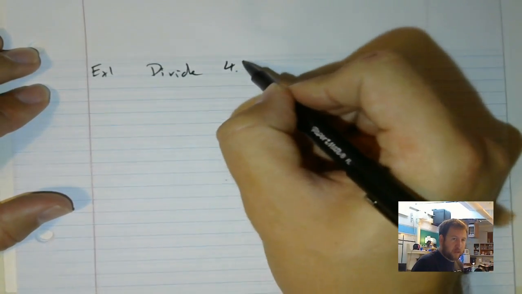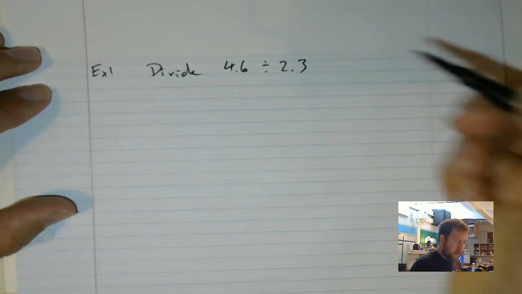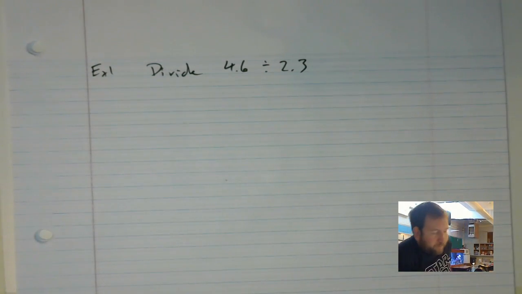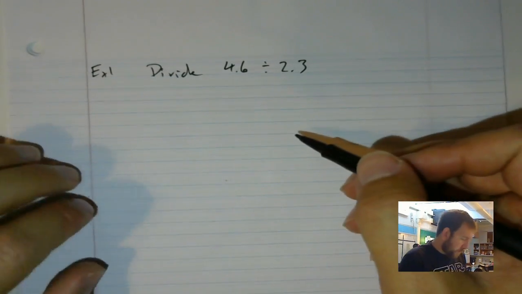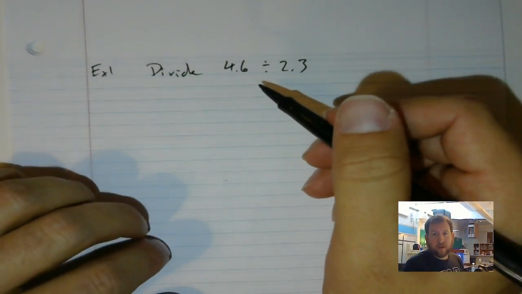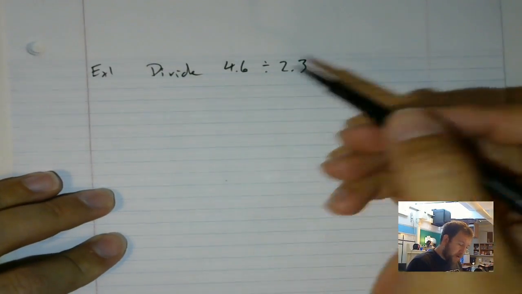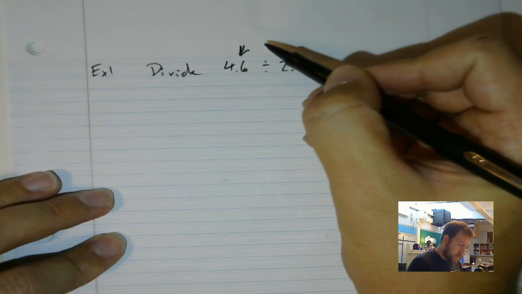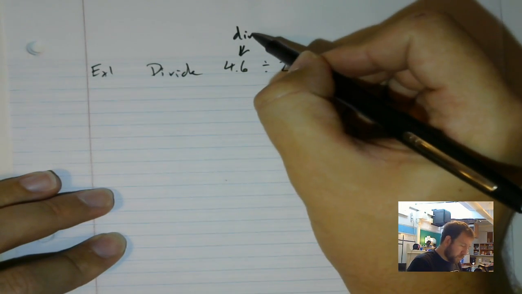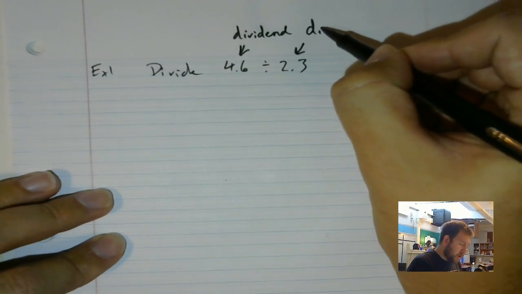Divide 4.6 divided by 2.3. Alright, so here we're going to need to label the little pieces. Now, when you're doing this on your homework, you don't have to label the pieces, but I'm going to do it in my examples. So here is our dividend. Here is our divisor.